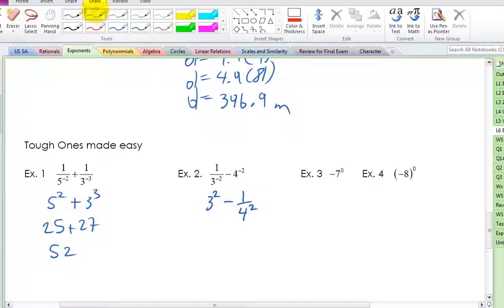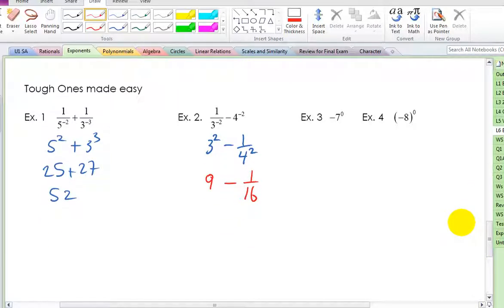What's the value of 3 squared? Minus 1 over 16. So if you have 9 whole pies, you need to take away just 1/16. How many would remain? Ethan? 8 and 15/16. Okay. So you just took away the 1 from the 16.